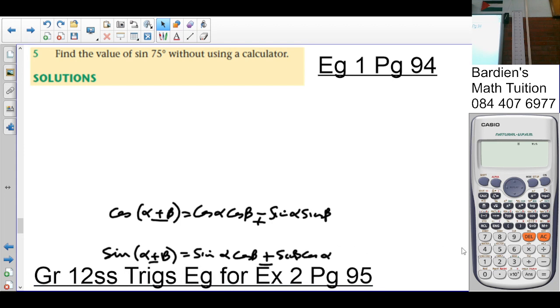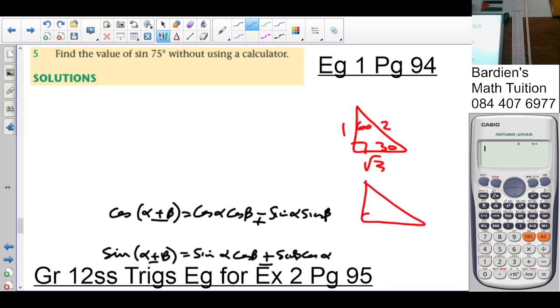Special angles, not so? Or the graph. When it comes to 0, 90, 180, 270, 360, the graph comes to mind. Or in this case, they're talking about your special angles. And what are the special angles? The special angle triangles. It's going to be 30, 60 with sides 1, 2, root 3, and 45 with sides 1, 1, root 2.